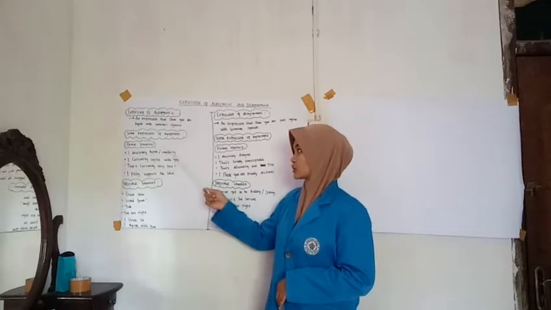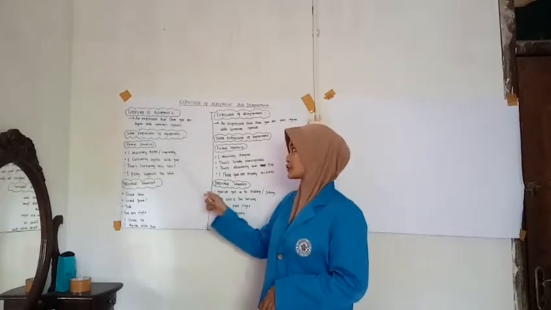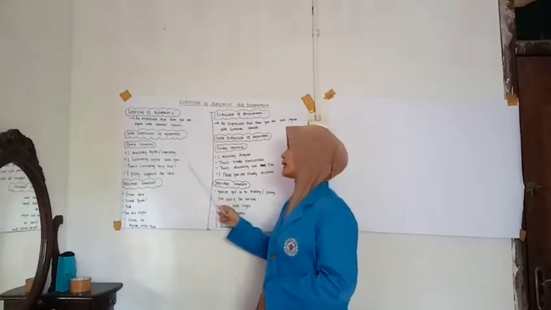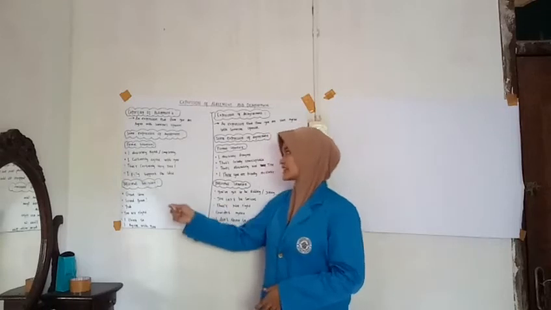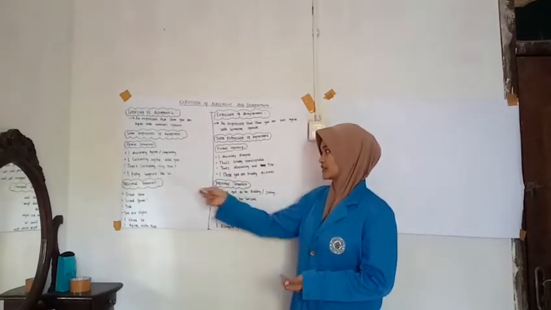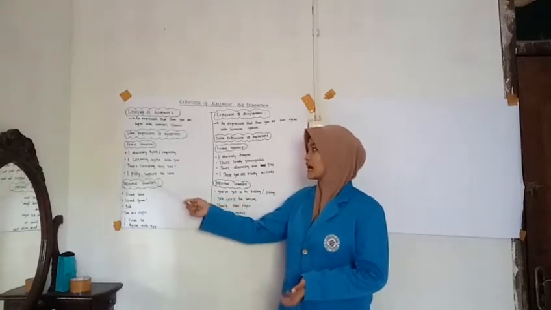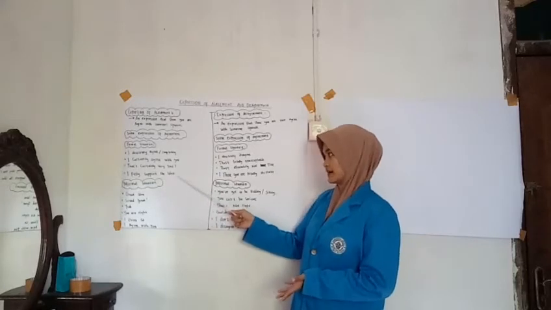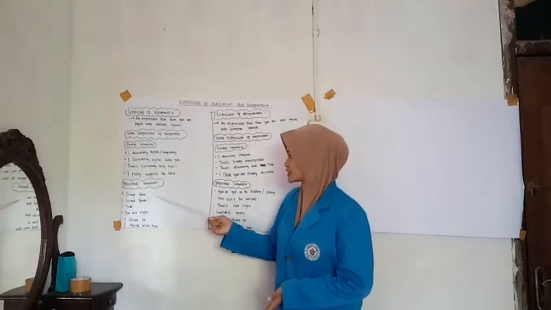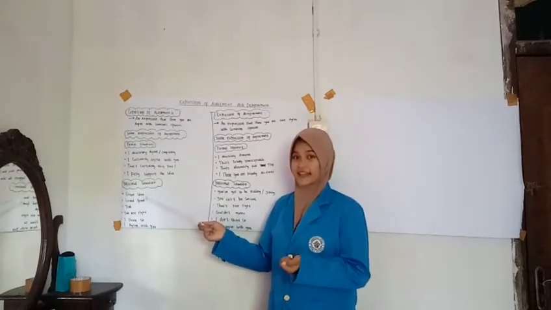In a formal situation, we can use expressions like I absolutely agree with you, and the second, I certainly agree with you. And the next, that's certainly very true. Thus, I fully support the idea.